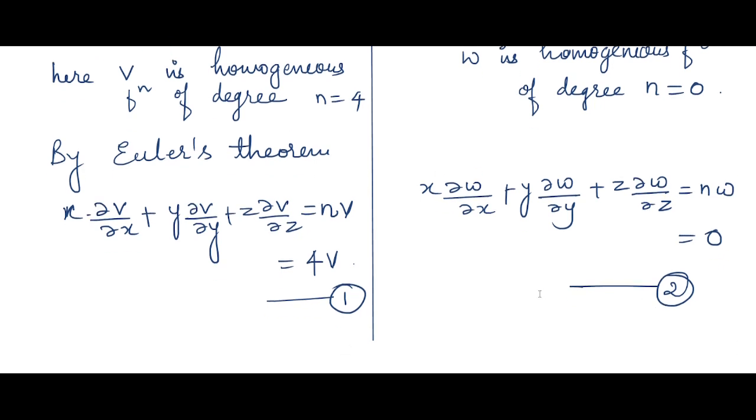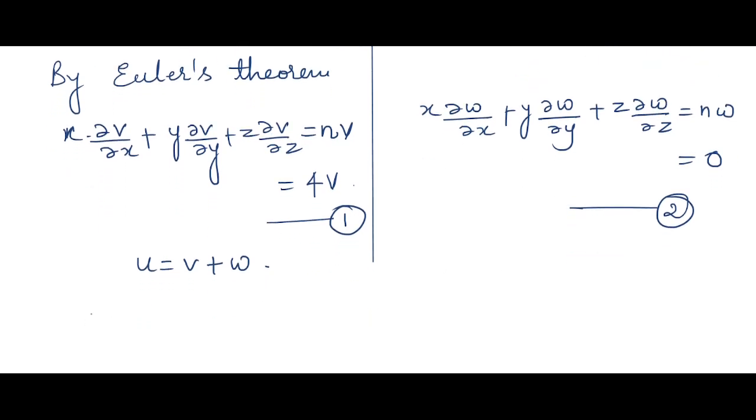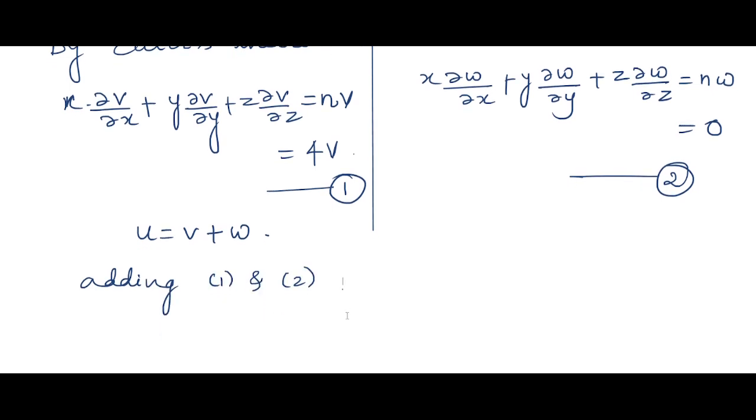Now as we know, U we will obtain by adding V and W. So here also now we are going to add equation 1 and 2. Adding 1 and 2, so we will add it term wise. For the first term of equation 1 and the first term of equation 2, x is a common term. So I will take x as common. In the first term, it is left with dabba V by dabba x plus, in the second equation first term, it is dabba W by dabba x.